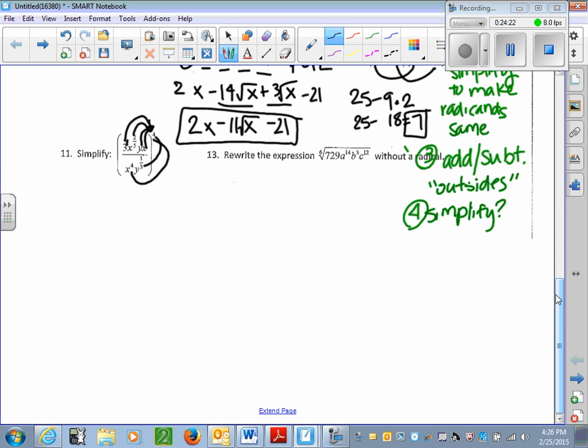Alright, so 4 times 1, I'm going to start up here in the top. 3 gives me a 3 to the 4th power. 2/5 times 4 gives me an x to the 8/5 power, because we did this 4 times the 2/5.